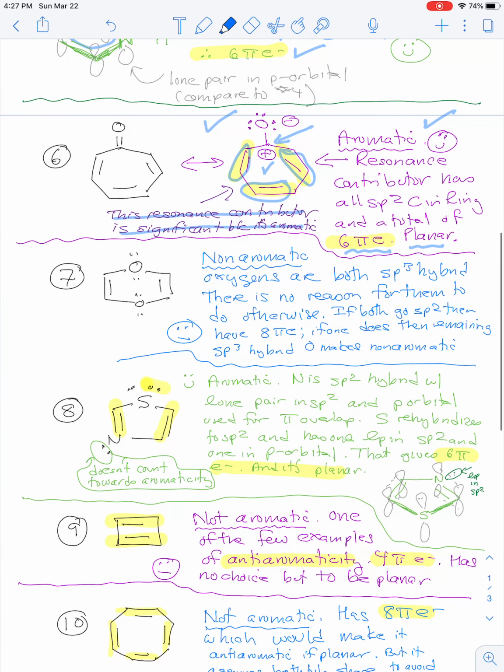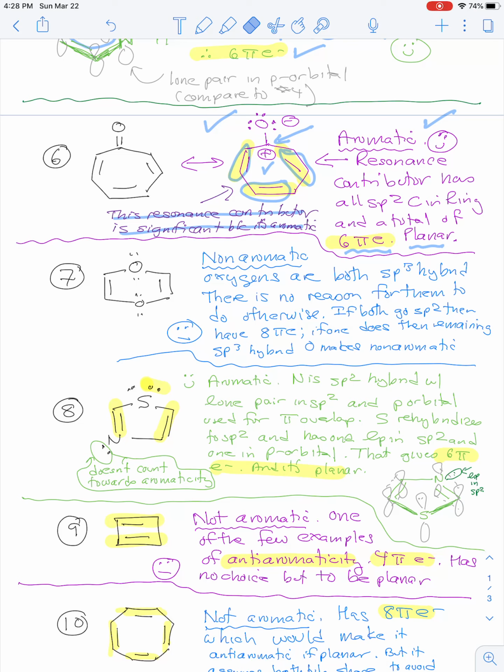The 7th compound sometimes drives students a little crazy because they're convinced that after what we've done before, they can take these lone pairs and somehow put them in a p orbital. But that's not going to do us any good here.